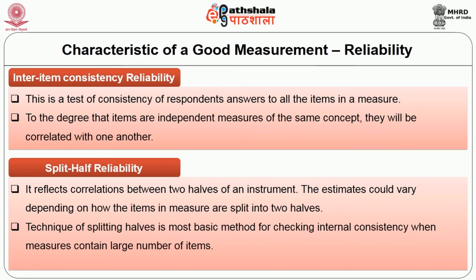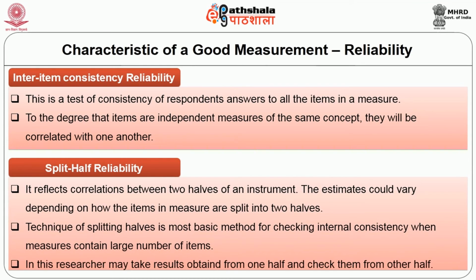In the split half method, the researcher may take the results obtained from one half of the scale items, for example odd numbered items, and check them against the results for the other half of the items, for example the even numbered items. The high correlation tells us there is similarity or homogeneity among its items.